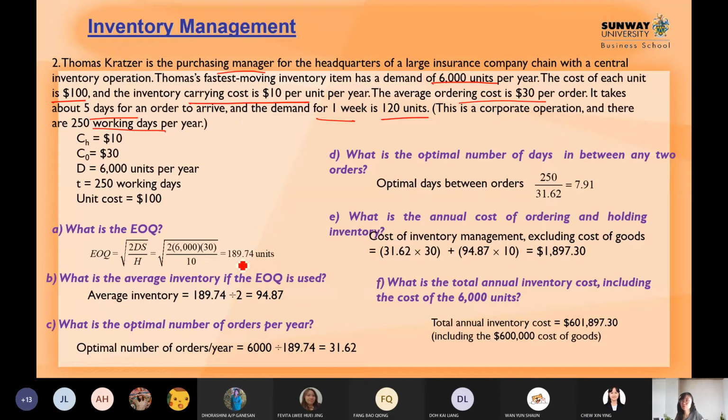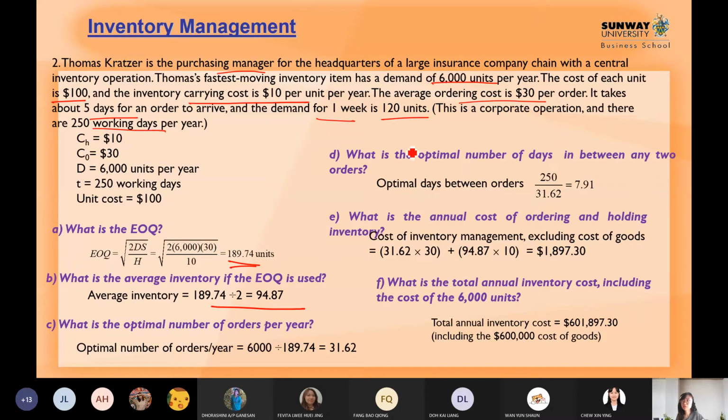Every time you need to check your EOQ, so you never go wrong. And what is the average inventory if the EOQ is used? 189.74. Average inventory, so you divide it by 2.